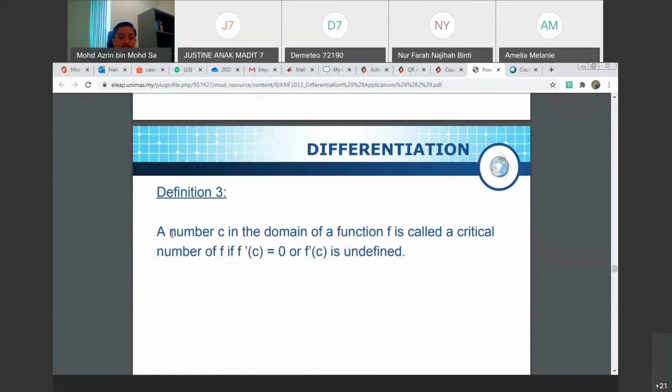Or the definition 3: a number c in the domain of function f is called a critical number of f if the differentiation f'(c) equals 0 or f'(c) is undefined.